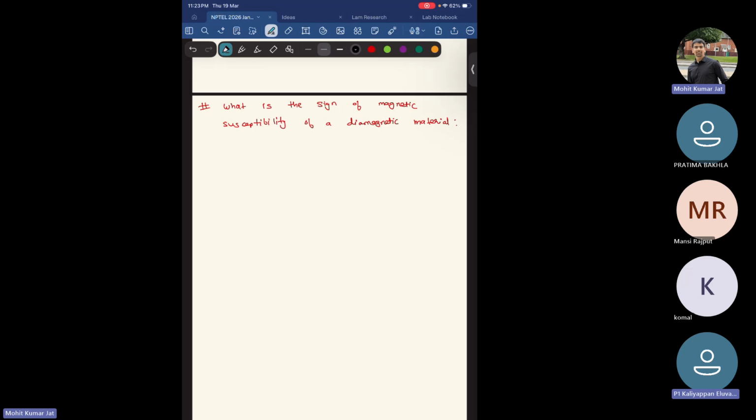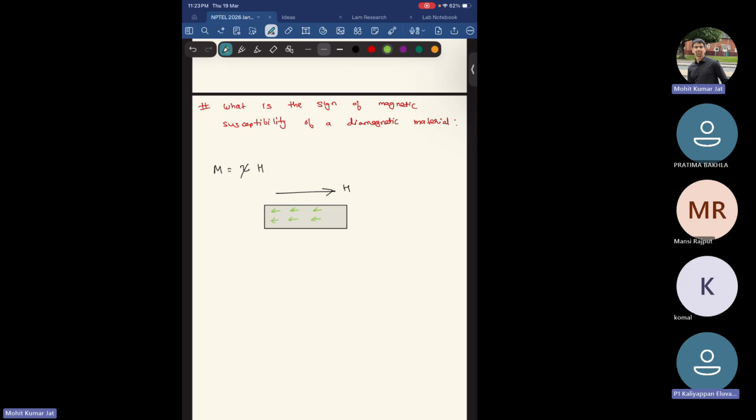So we know the magnetization M is equal to magnetic chi times the magnetic field H. And if you have your diamagnetic material and you apply H in this direction, then your domains will get aligned in the opposite way.